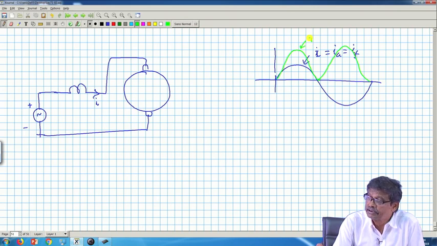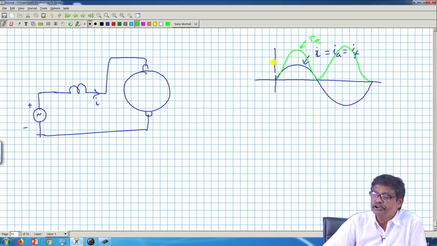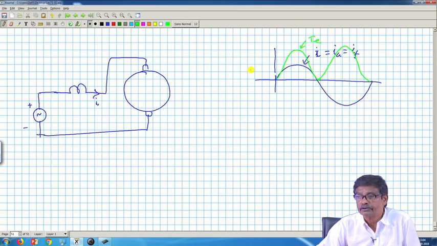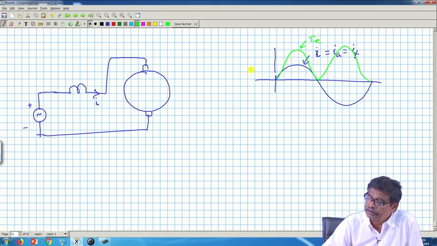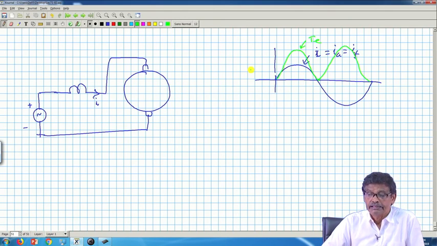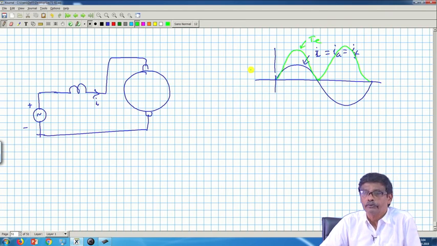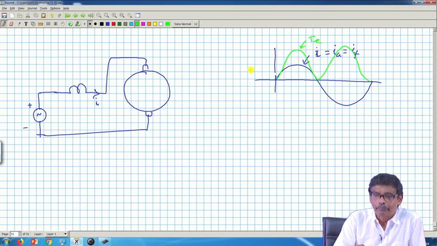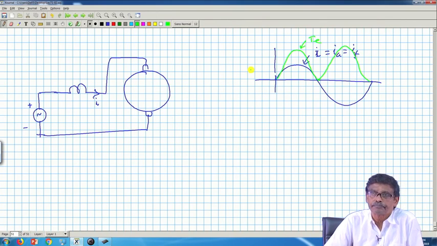This is the electromagnetic torque. So, always unidirectional torque, and a very good average torque exists, and therefore the motor will start rotating in a particular direction. Therefore, a DC series motor is a candidate to be operated not only from DC supply, but it looks like from AC supply as well it will work.